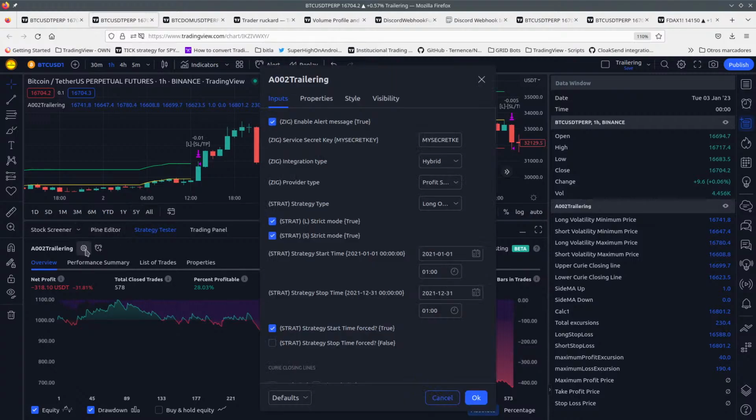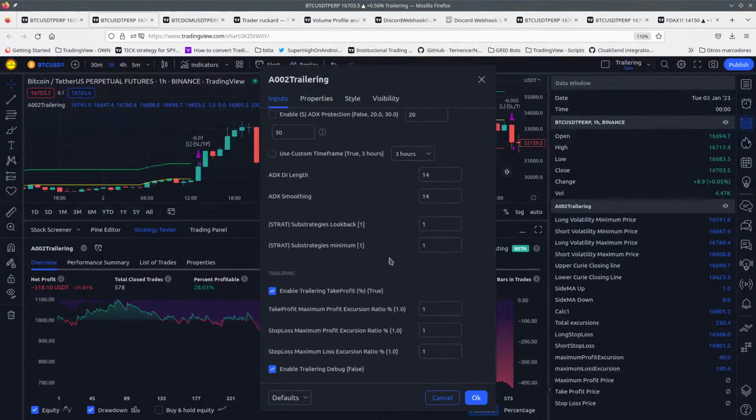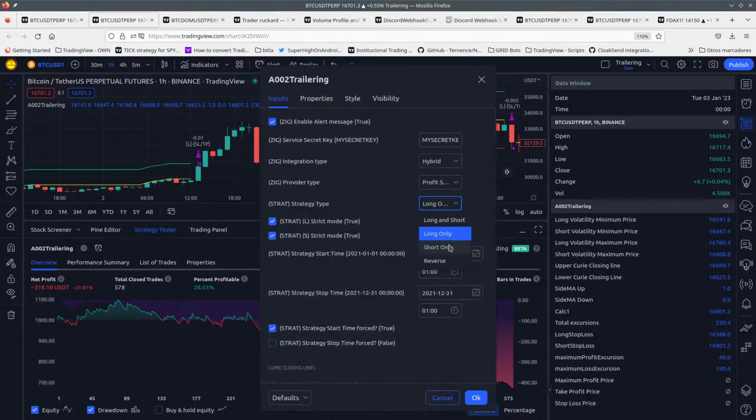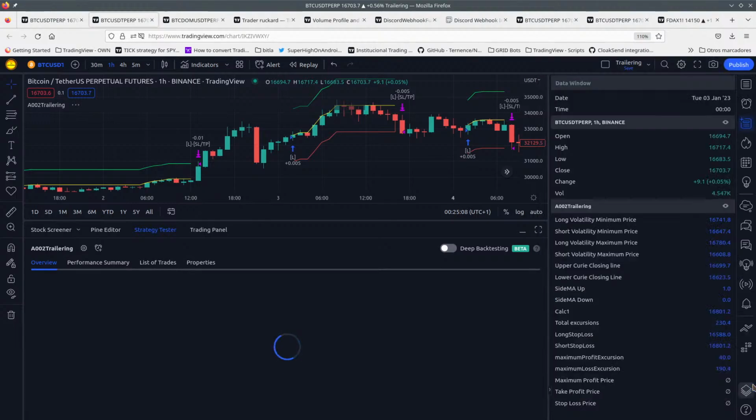Yeah, and the other setting is, yeah, anyway. So what we're going to do here is, if you change into short only, you cannot compare this because it's the other ones that we have, which is different.